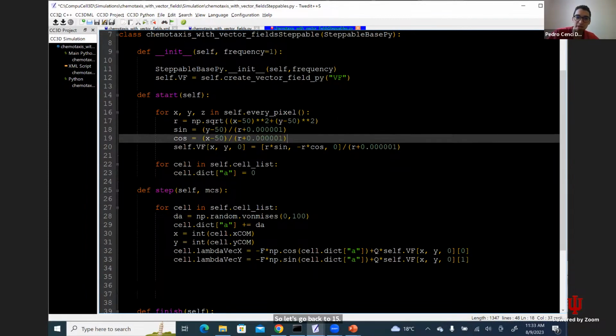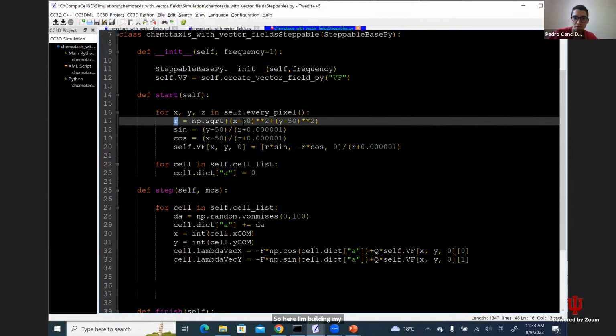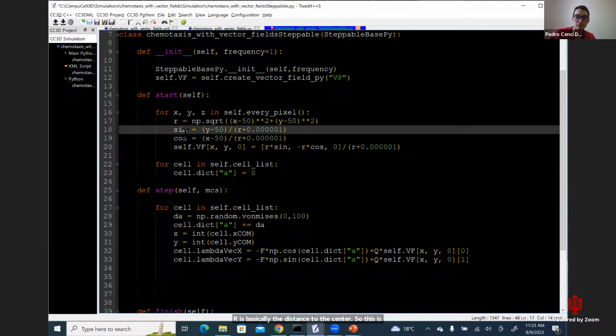So here I'm building my polar coordinates. R is basically the distance to the center. And then the angle. I am calculating the sine of the angle, which is y over r, and the cosine, which is x over r.